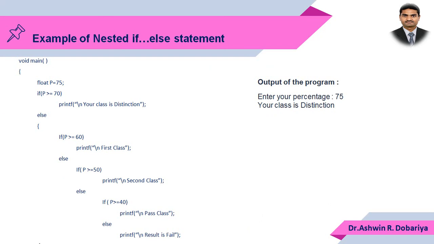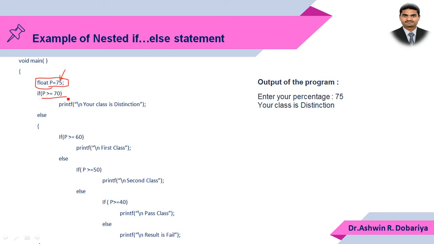Let me discuss one more practical example of nested if else. Suppose based on our percentage, we want to display the grade or class. Here, just for example, I have declared one float variable, float p for percentage, and I have directly mentioned 75 here; we can also take it as input from the user using printf and scanf. The user will input the percentage, and that percentage will be verified.